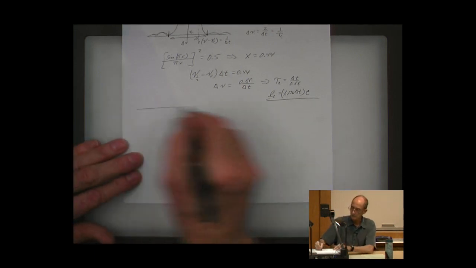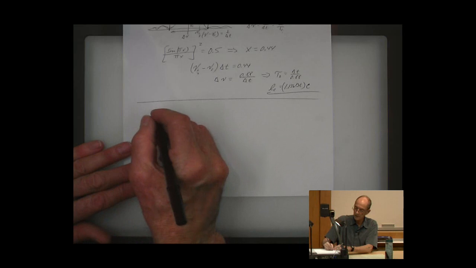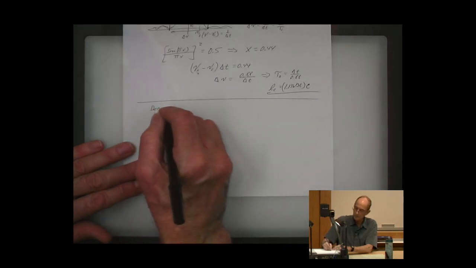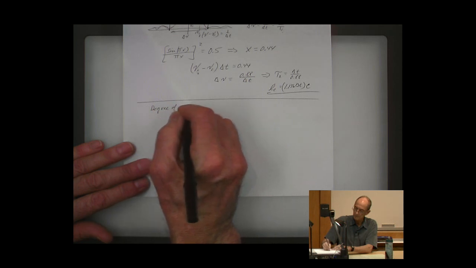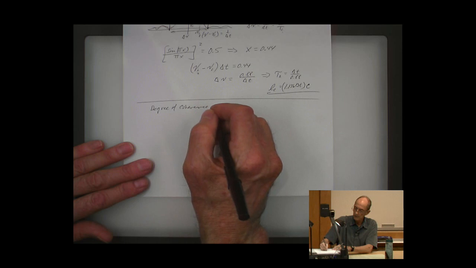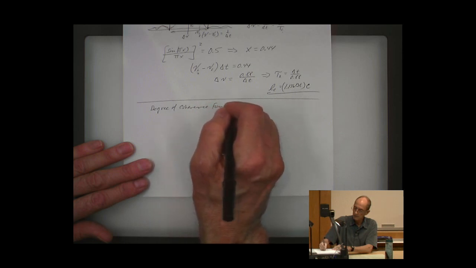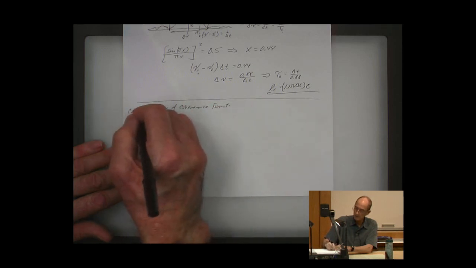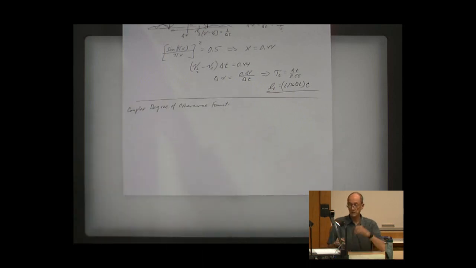All right. So the formal way of defining it is through the degree of coherence function. And sometimes it's called the complex degree of coherence function because it actually is a complex number.